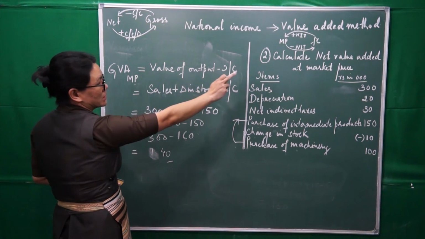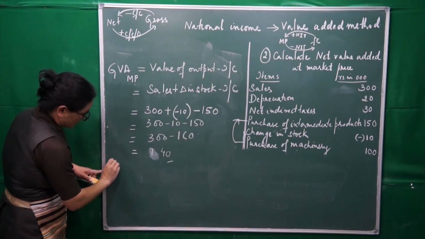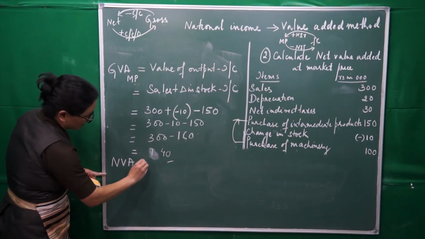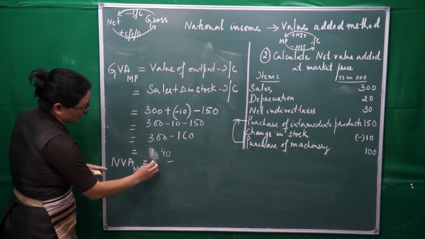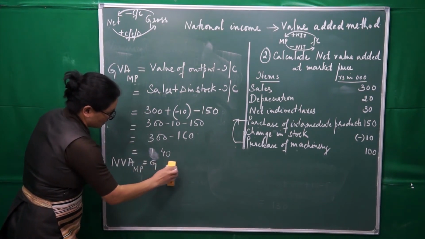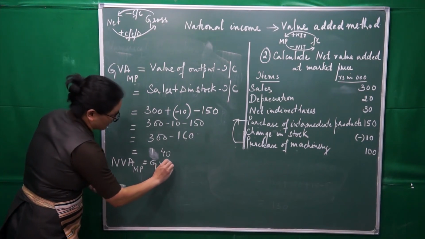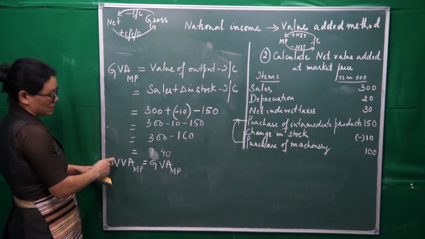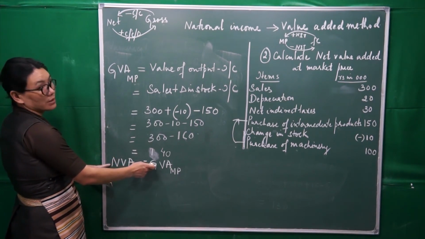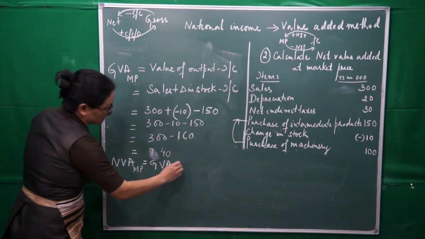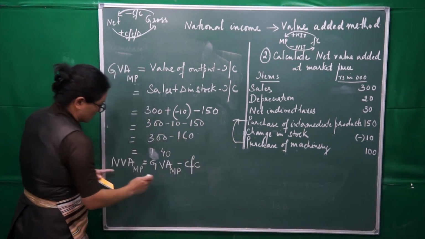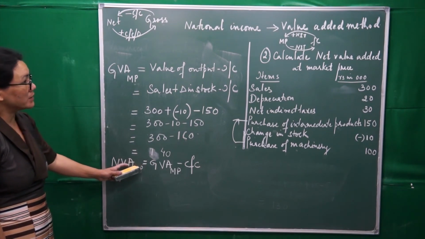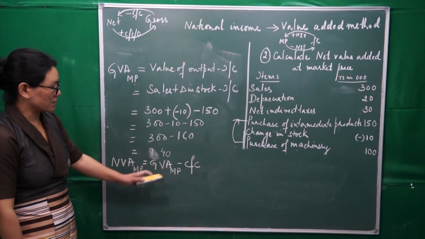Now in the question, NVA, net value added at market price, is asked. What do we have to do? Convert it. We have GVA at market price. Now from gross to net, we have to subtract CFC. The remaining is the same.